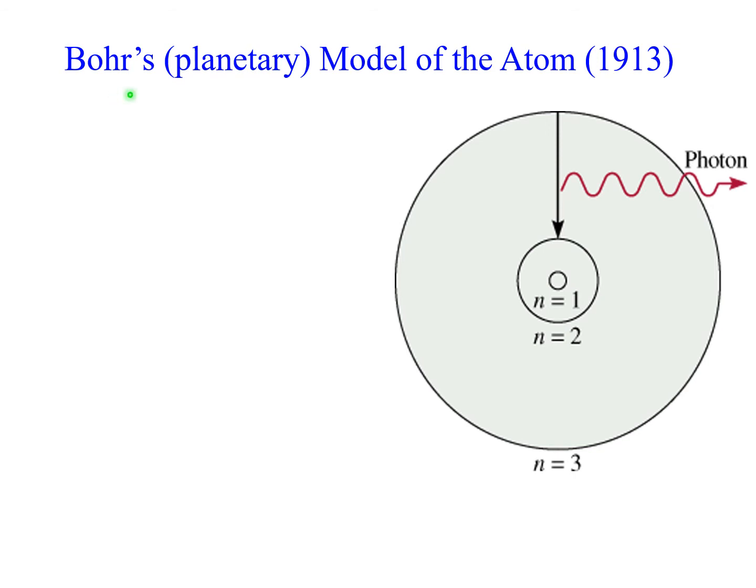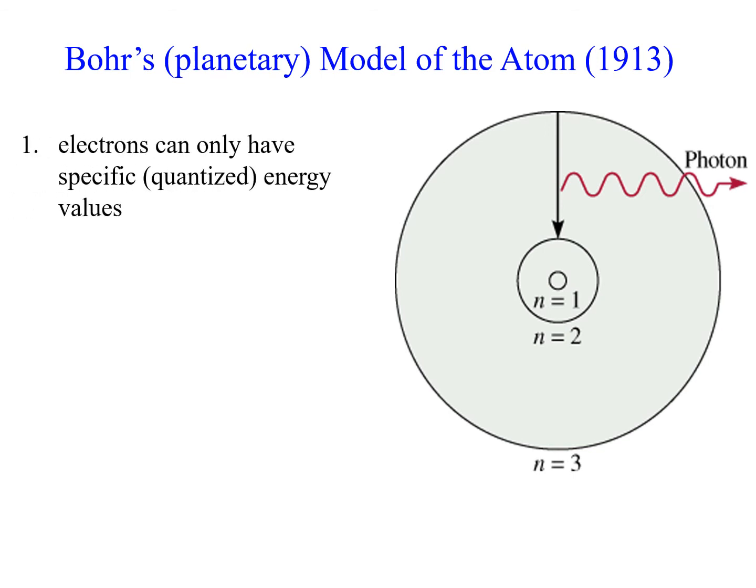Bohr's planetary model of the atom, back in 1913, a little more than 100 years ago: Bohr was the first one to propose the structure of the atom. So when the electron goes from n1 to n2 to n3 and precesses back down to a lower energy level, a photon is emitted. Electrons can only have specific quantized energy values, and that's very, very important.